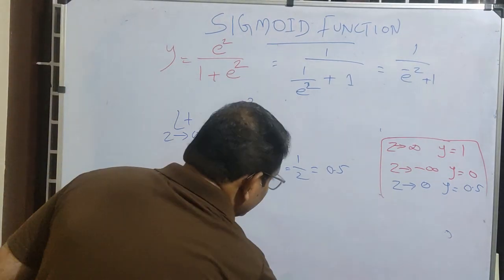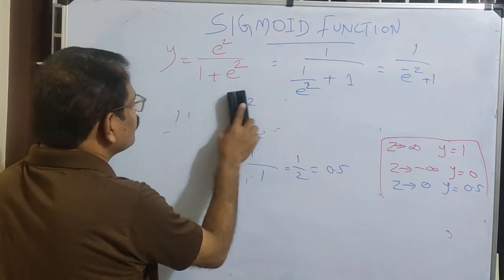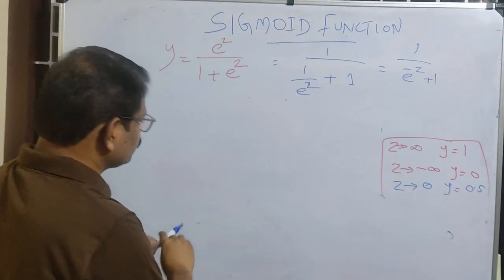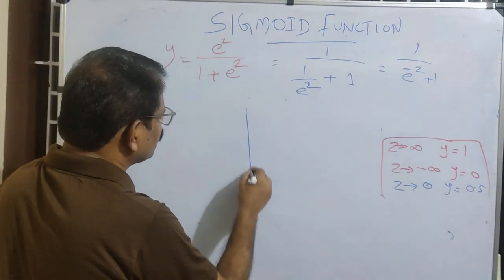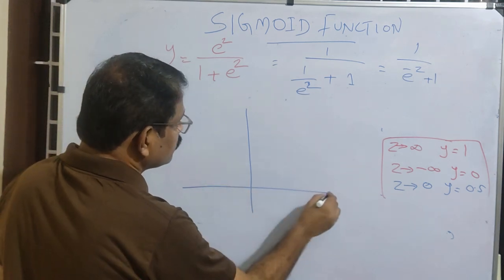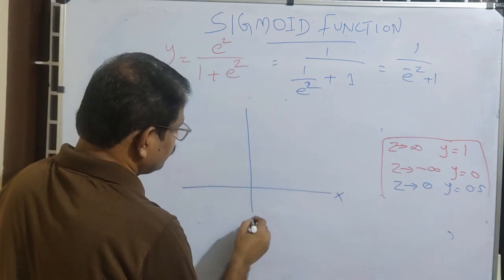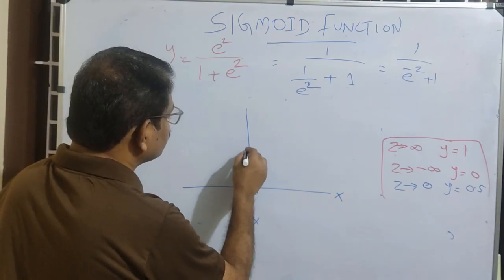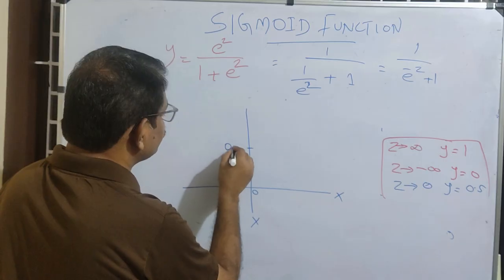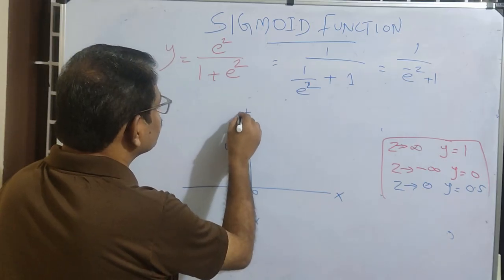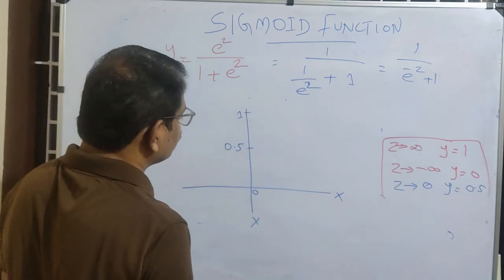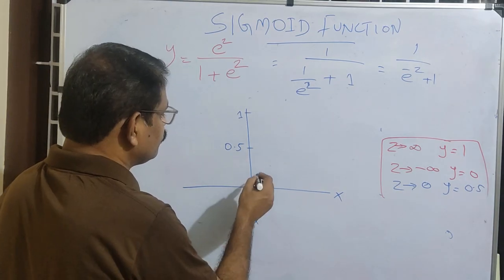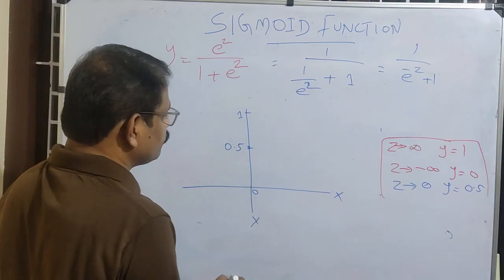Then let us plot this in a graph. This is the x-axis and this is the y-axis. This is the 0. Then let us take this as 0.5 and this is 1. So here when x equal to 0, y is 0.5.